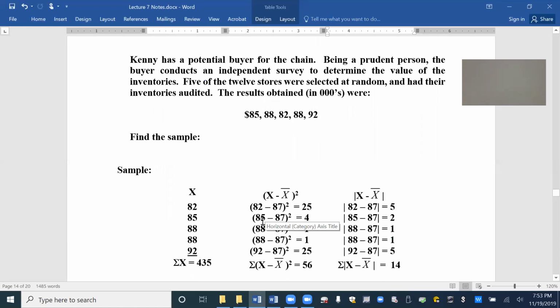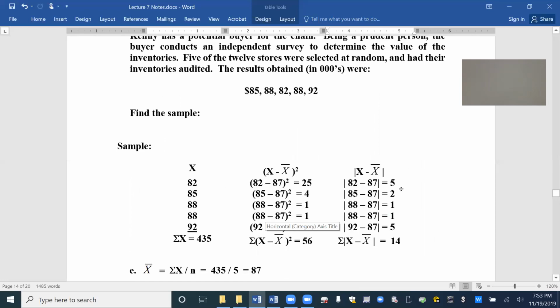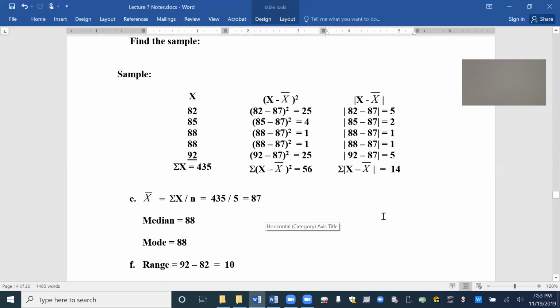All right, so Kenny's got a potential buyer for the product. This person takes an independent study, doesn't want to spend money for a whole audit, so does a quick sample. Sample is size 5, and I show you how to find the mean, median, and mode again.